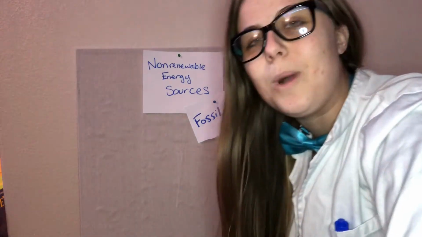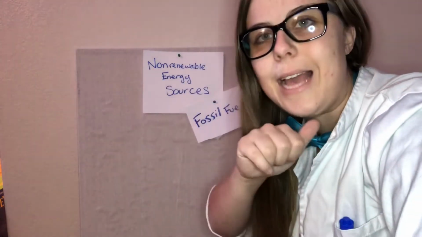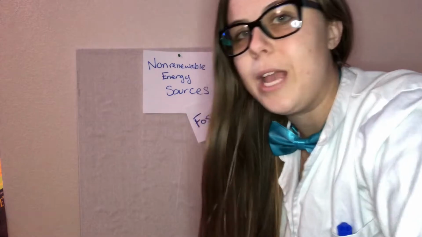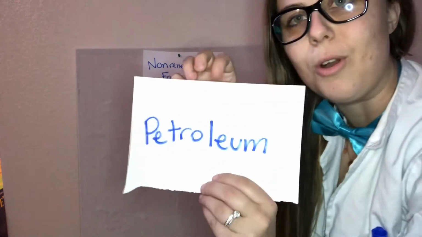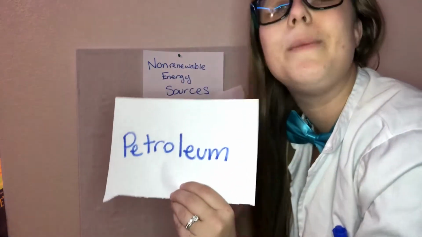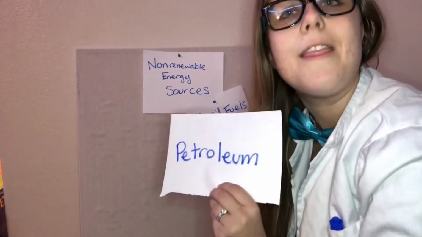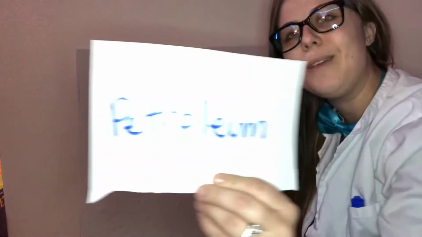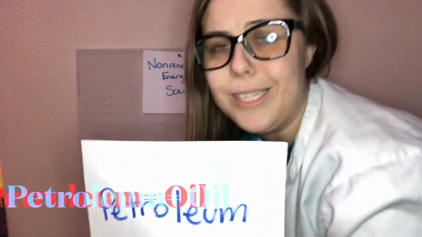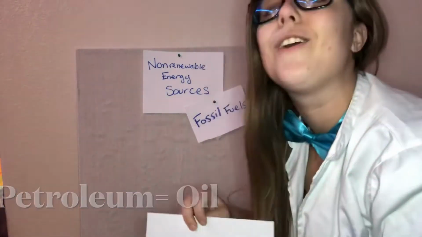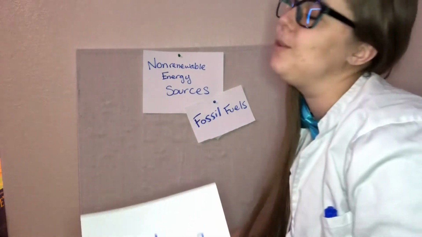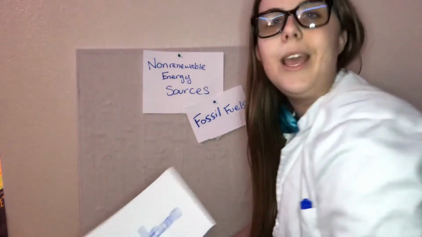That third one, we have natural gas, we have coal, and we have petroleum. And petroleum is going to be the main non-renewable energy source that we focus on today. Petroleum is just a fancy smancy scientific word for oil. Oil is going to run our machines. It runs our world.